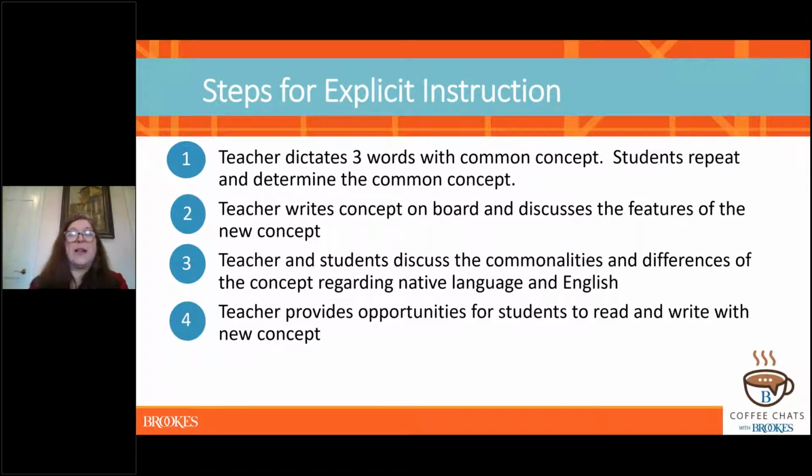And then I can write about it. I can have discussions and I can look across the languages and say, hey, what about in your native language? Does this concept exist, right? And how is it the same or how is it different from your native language to English? And then I give multiple opportunities for the students to read and master that new concept.